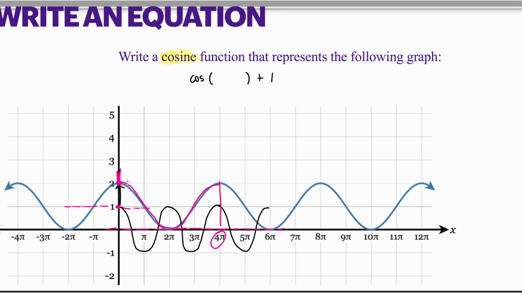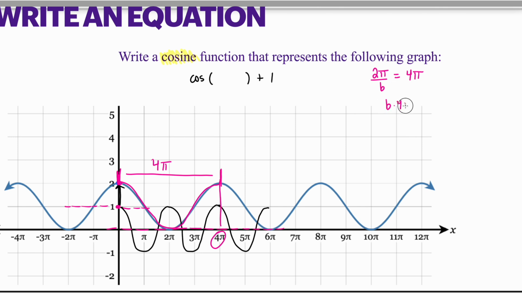So it starts at the top and it gets back to the top every 4 pi instead of every 2 pi. I know that the period should be 2 pi over b, and we can now see that this graph has a period of 4 pi. So I'm going to set it equal to the period of 4 pi, and I'm going to solve.